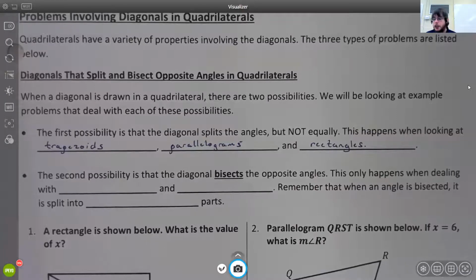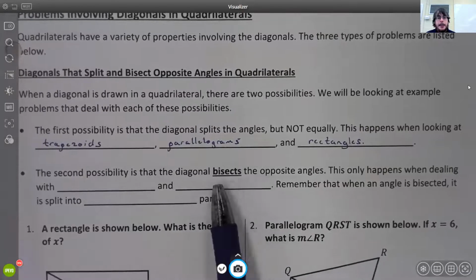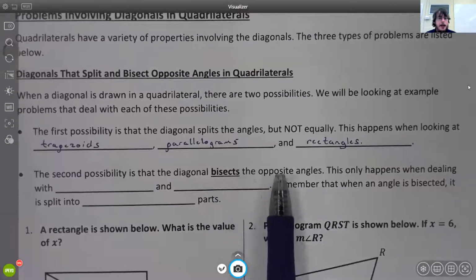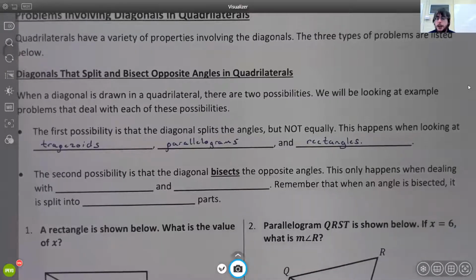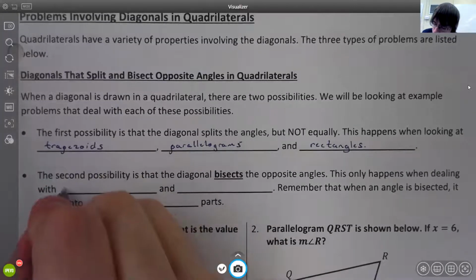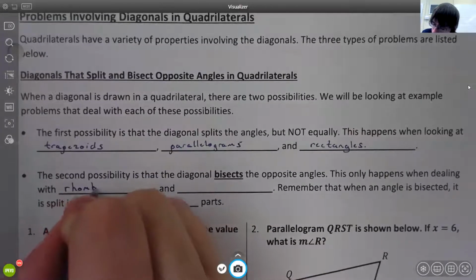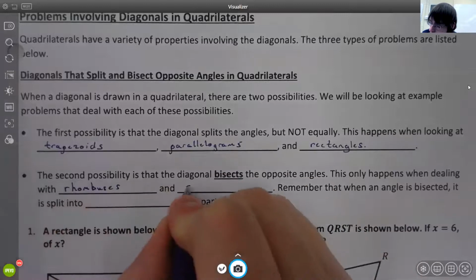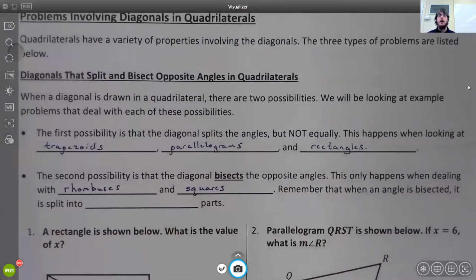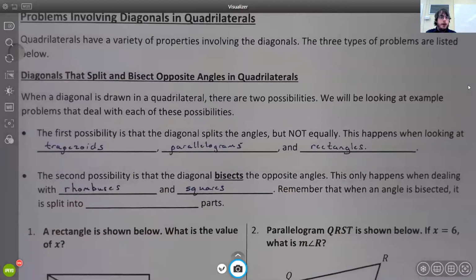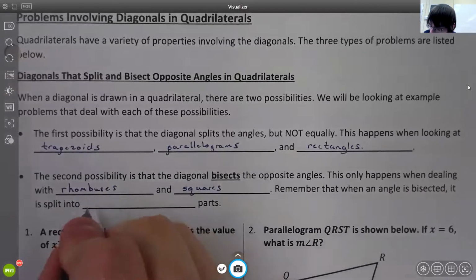The second possibility is that the diagonal bisects the opposite angles. This only happens when dealing with rhombuses and squares. Remember that when an angle is bisected, it is split into two congruent parts.